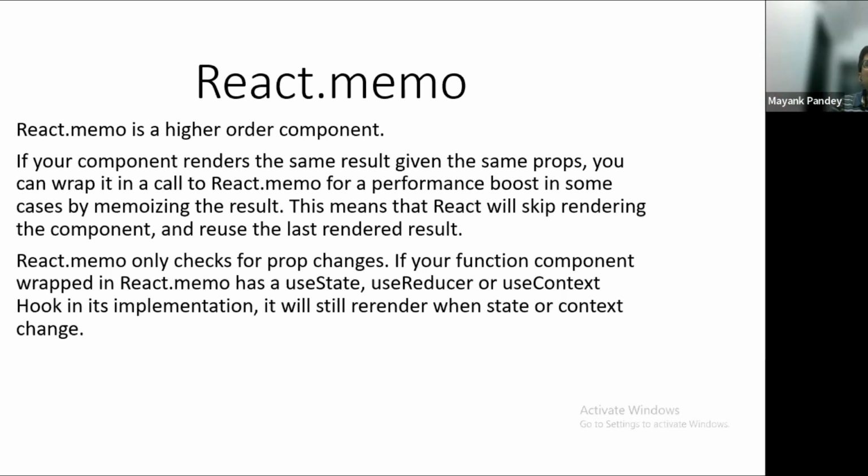As right now we are using functional components more, I am taking functional components in this slide, and I also have code, so we will discuss the similar things at code level as well. We have React.memo, which is a higher order component. If your component renders the same result given the same properties, you can wrap it in a call to React.memo for a performance boost.